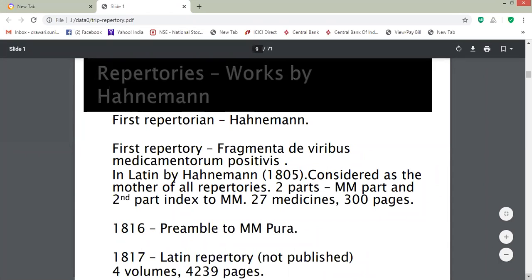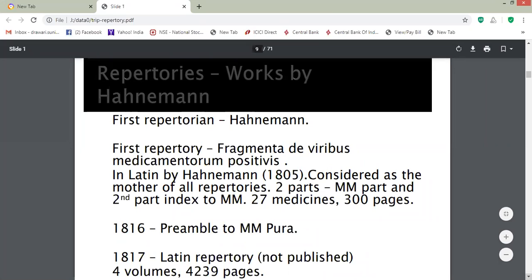It was completed in 1805, considered as the mother of repertories, because according to the construction of this repertory, by making some changes, the other repertories were constructed. So it was called the mother of all repertories. It has two parts.